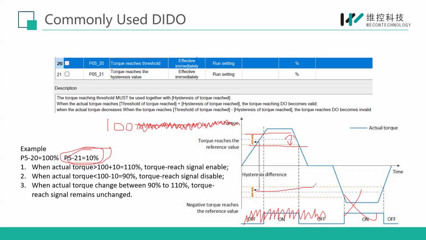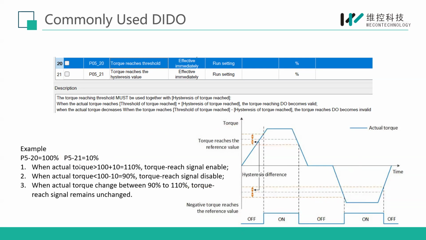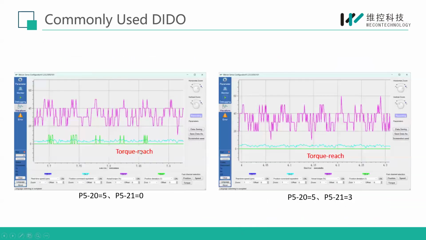So we can get a normal reach signal like this, just like a filter. You can see here, in the first picture the signal looks like this, and the second signal will not have this part.